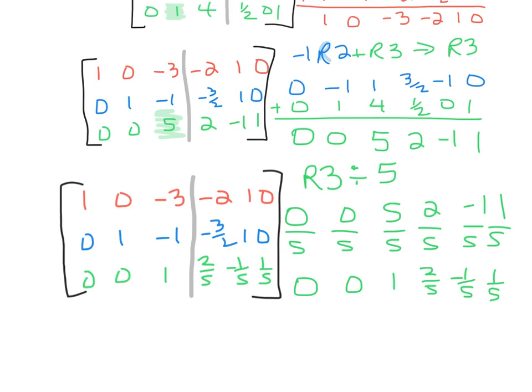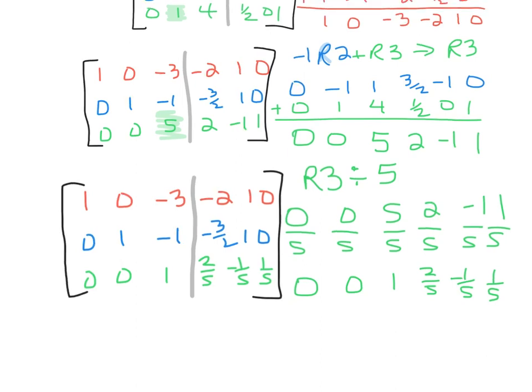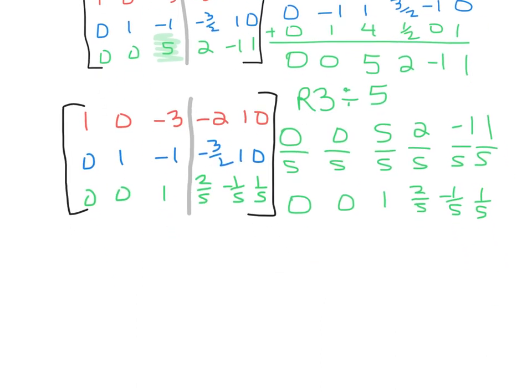I now need to make that -1 in column 3 a 0 and the -3 in column 3 a 0. First thing I'm going to do is the -1. So I'm going to take row 3, multiply it by 1, add it to row 2. Gives me my new row 2.